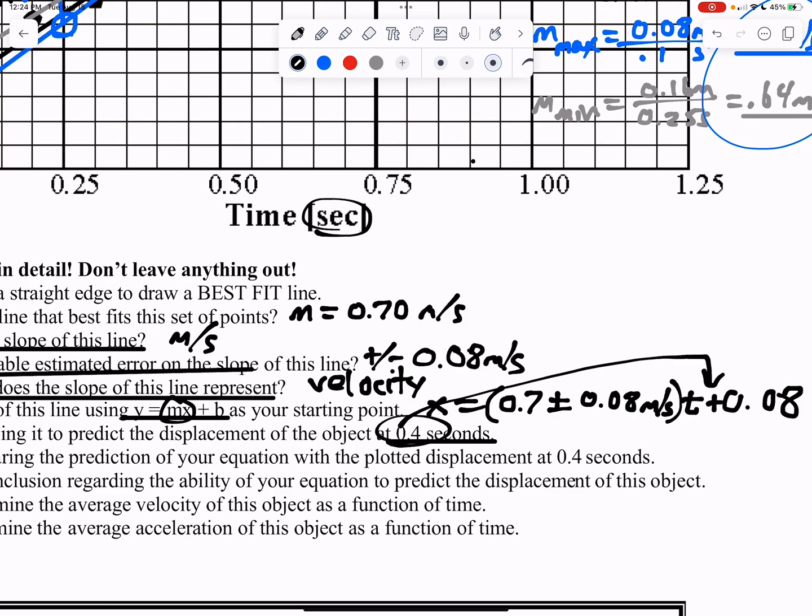We're going to plug that 0.4 seconds in for time. Now keep in mind, I'm using my average, which is 0.7. So 0.7 times 0.4, and then add 0.08, I'm roughly at about a position of 0.36 meters.